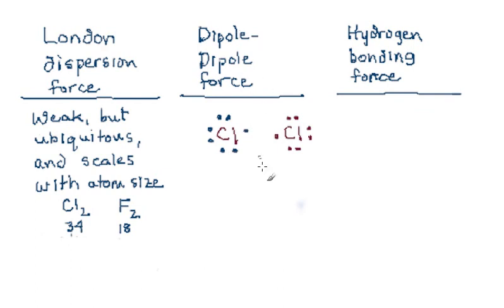I should have made those colors more different. Sorry about that. Each of these atoms wishes it had a full octet. They were born with 7 electrons, and they spend all day thinking, I wish I had 8 electrons. That would be amazing. If only I could get 8 somehow.